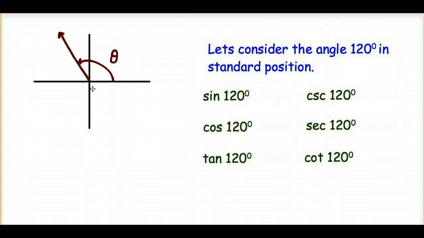And the definition says a reference angle is formed by the terminal side of the angle, which is this one I just drew, and the closest part of the x-axis. So I'm going to draw straight down to the x-axis. And now I have just found my reference angle.